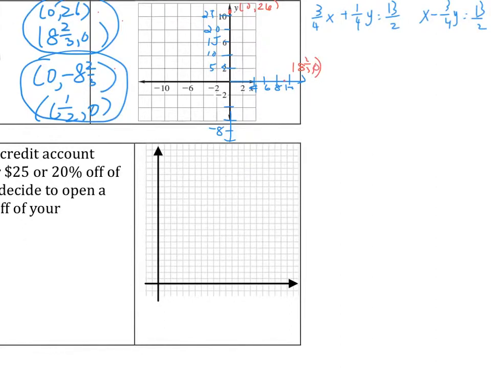And then we have 0, negative 8 2/3, that's about here. So we're going to put 0, negative 8 2/3. And then 6.5. Okay, so now we can connect our dots.